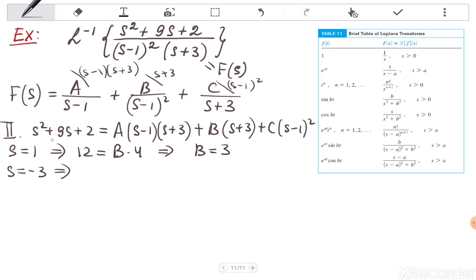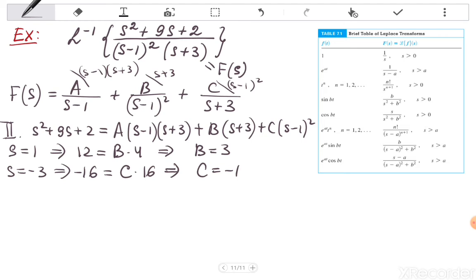The left hand side is now 9 minus 27 plus 2, which is minus 16. The coefficient of a is 0 again, the coefficient of b is 0, and the coefficient of c is non-zero: minus 3 minus 1, which is minus 4, squared is 16. So we obtain that c is minus 1.